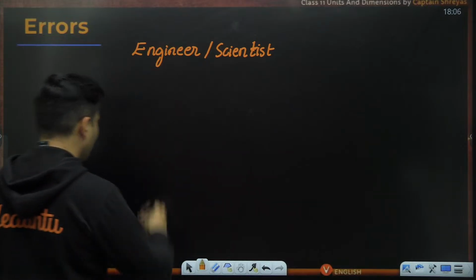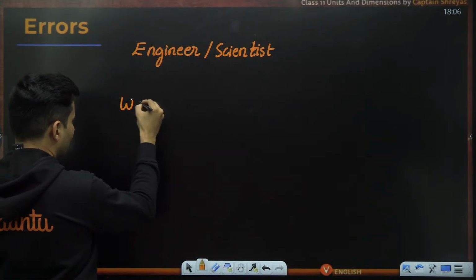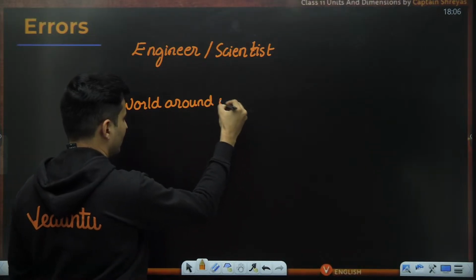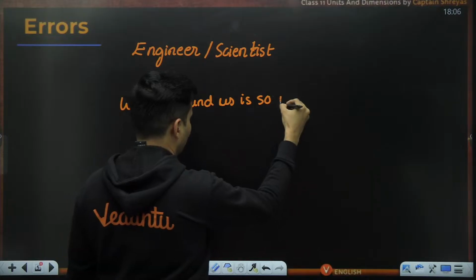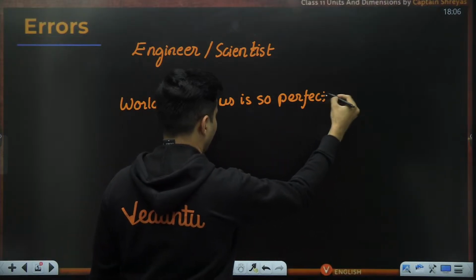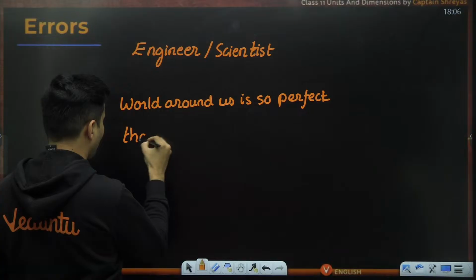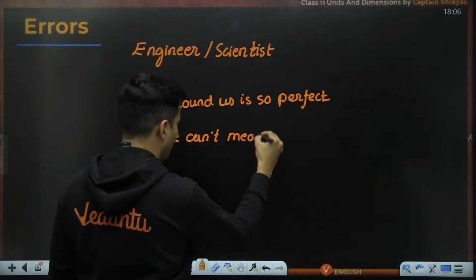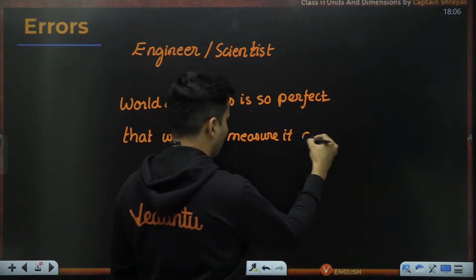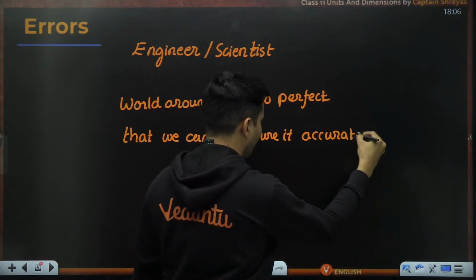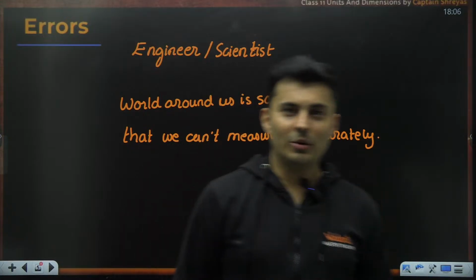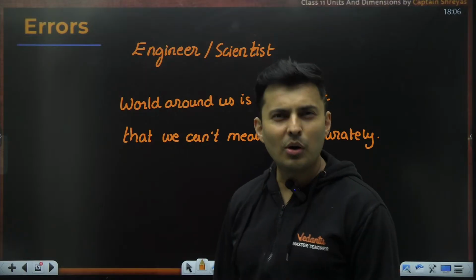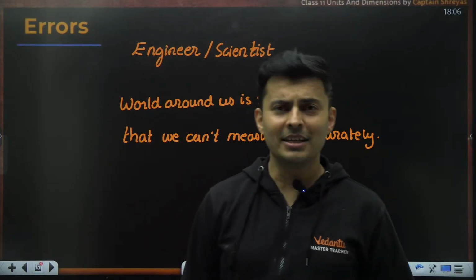The world around us is so perfect that we can't measure it accurately. So, probably by design or whatever you want to say, no matter how hard you try to measure anything, there will always be some uncertainty in the measurement.